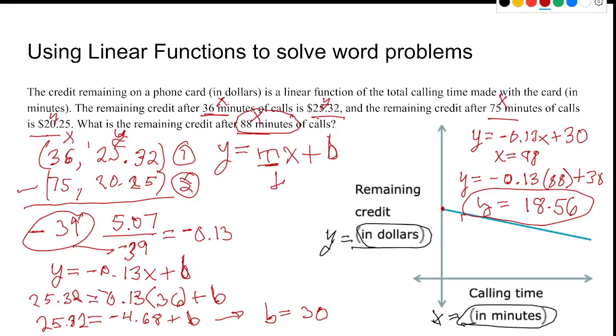Okay, so we've answered that question. Take 2 points, find the slope, use it to find the full equation by finding the y-intercept, and then plug in the value.